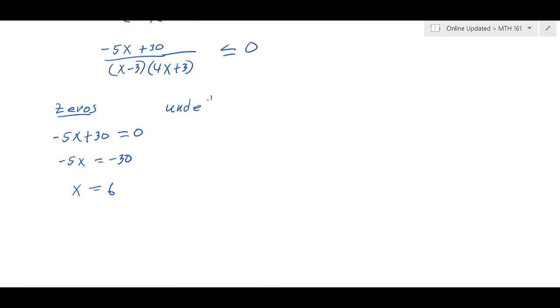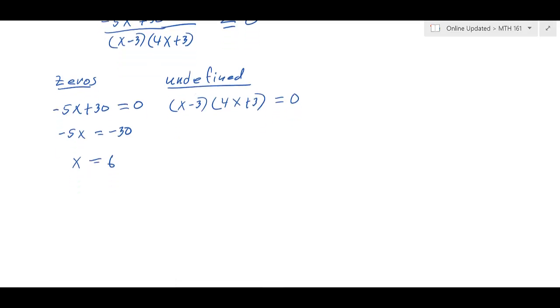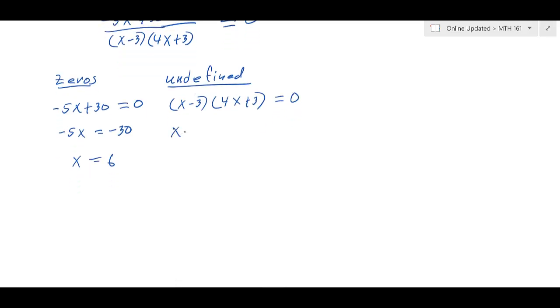And then we need to figure out where this expression is undefined. And once again, we simply take the denominator, x minus 3, 4x plus 3, and set that equal to 0. So x minus 3, set that equal to 0, so that means x is 3.